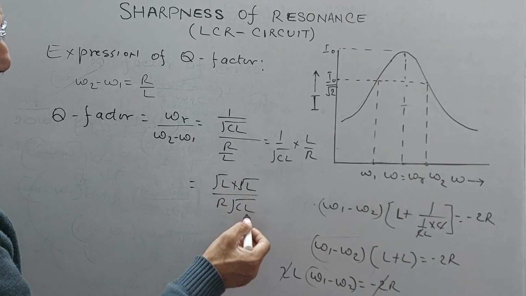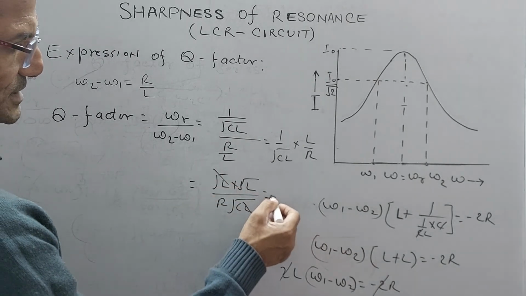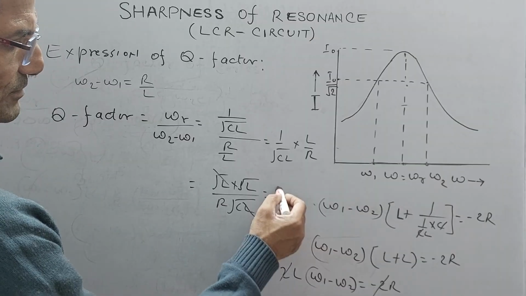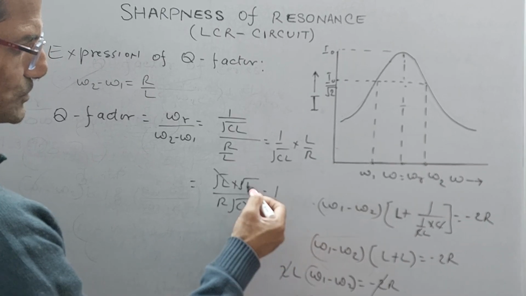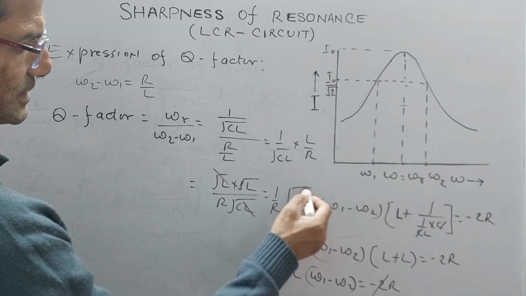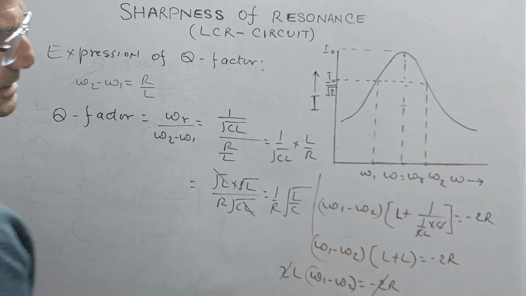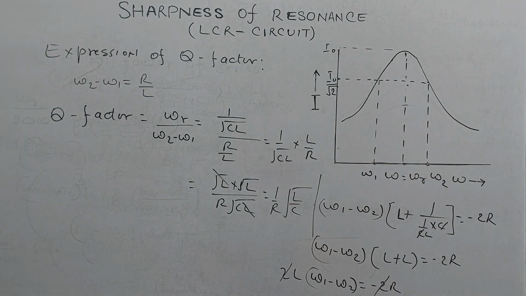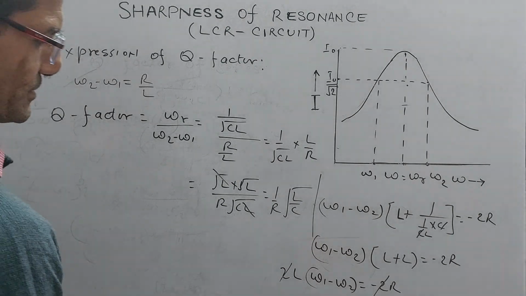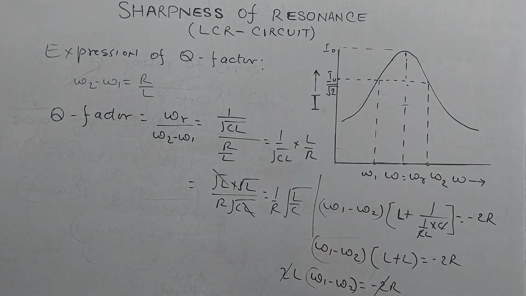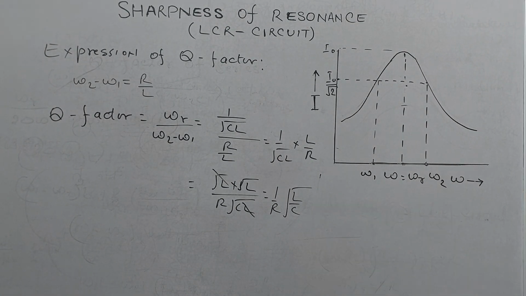So one root L cancelled, and what remains is 1 upon R times root L upon C. This is another expression for the Q factor.